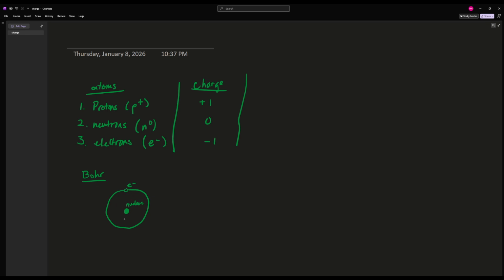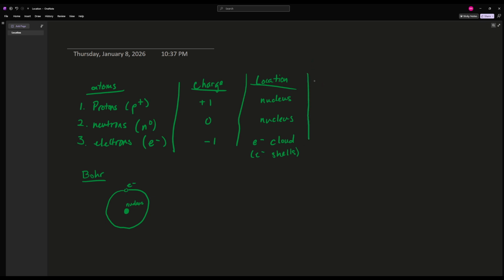Putting this into our table now, the location within the atom of each of these: the protons are in that nuclear core, so the nucleus. Neutrons, also in the nucleus. And our electrons are in their electron cloud, or the electron shells. Okay.